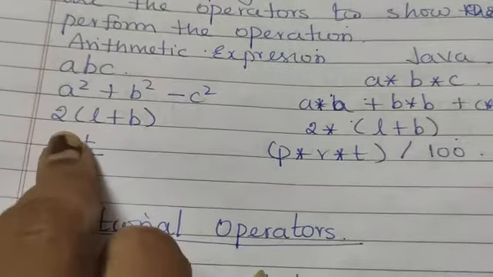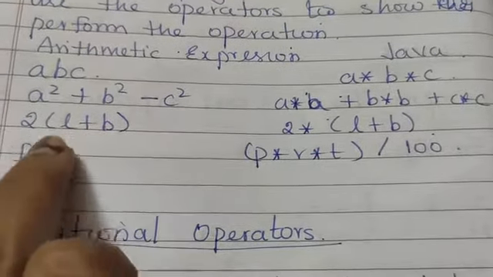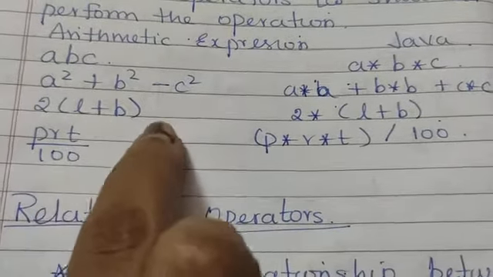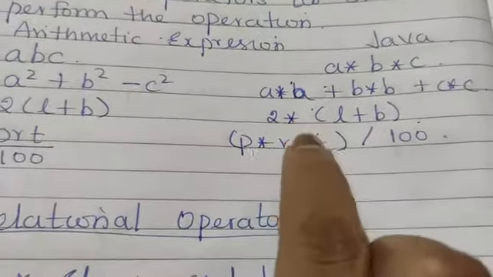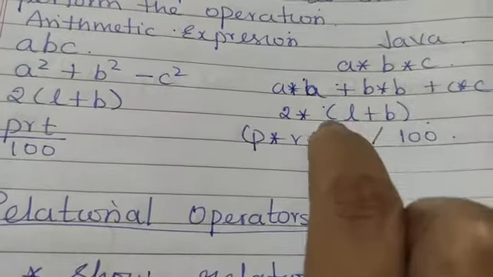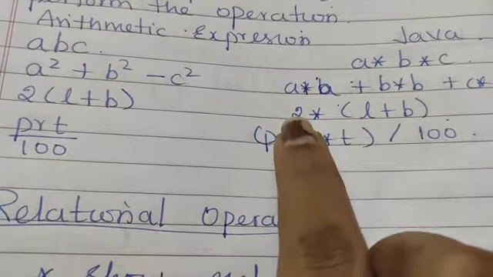Then 2 into (L plus B). If you give it like that, the computer cannot understand. So 2 into (L plus B) should be given in brackets, because the first thing, L plus B, should be done and only then it should be multiplied with the 2.